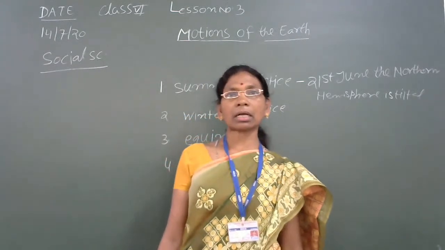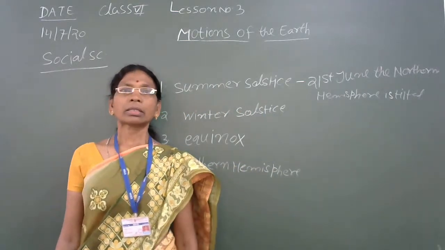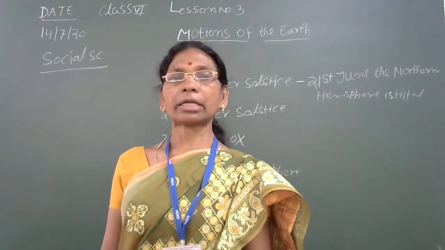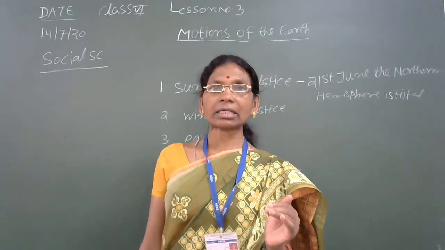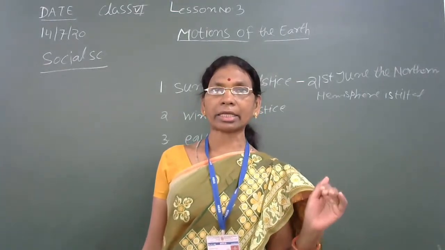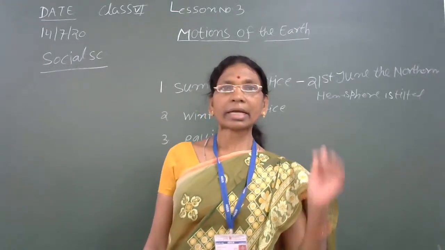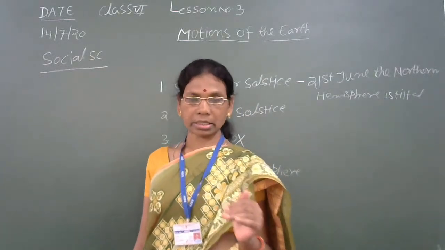What is a circle of illumination? It means the globe is divided into day and night in equal parts. That is called a circle of illumination.